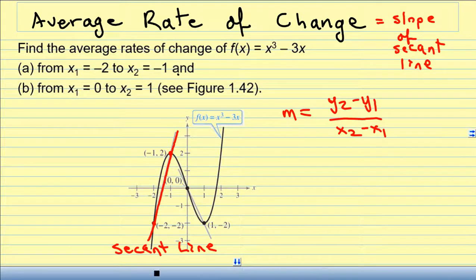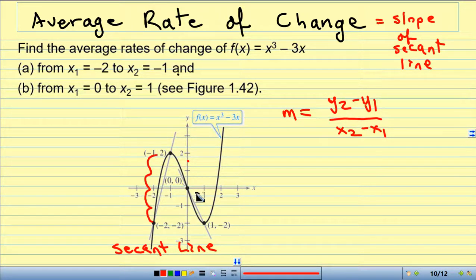Now let's go back to this because I do want to show you this. Look at this right here. If I wanted to get from this point to this point, I'm going to have to go up 1, 2, 3, 4, and I'm going to have to go over 1.